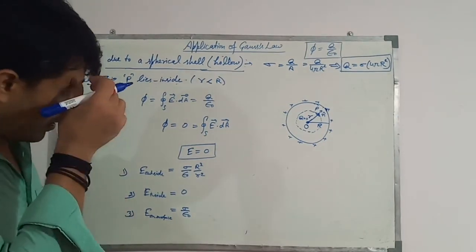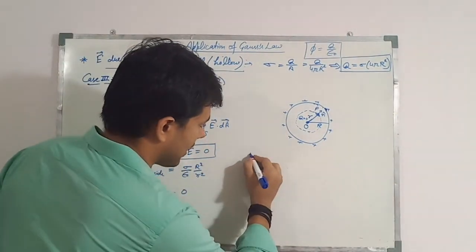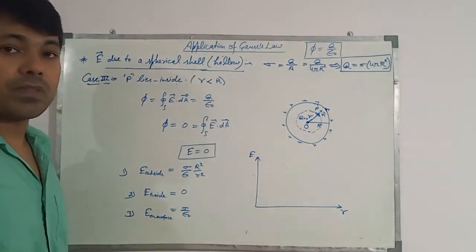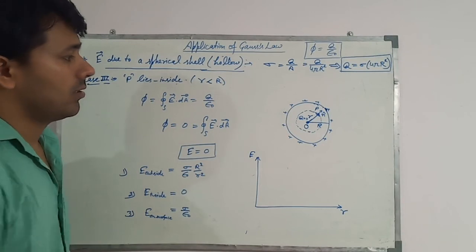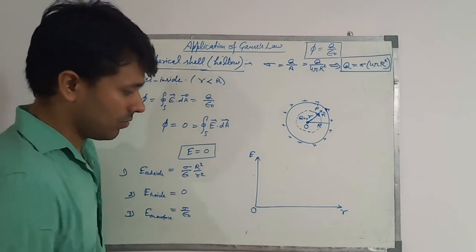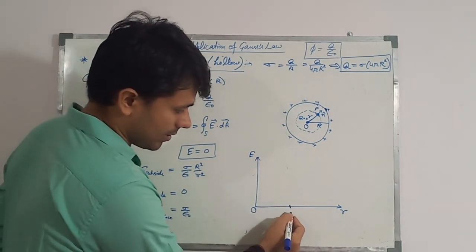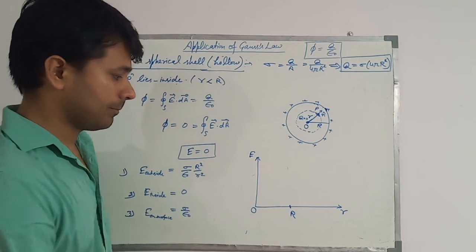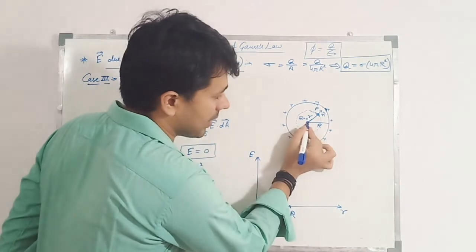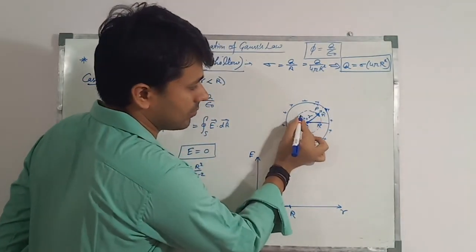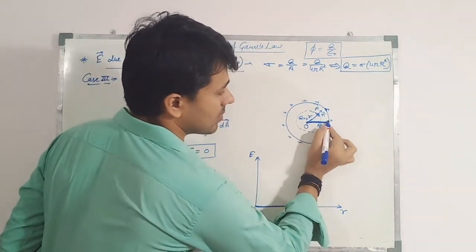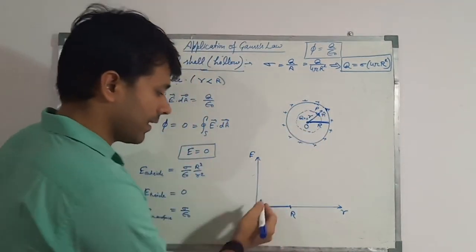Clear? If we draw a graph between the electric field and the distance of the point P from the center of the shell, let's say this is the center of the shell O, and this is the radius of that spherical shell, R. From 0 to R, inside the shell, the electric field is 0.